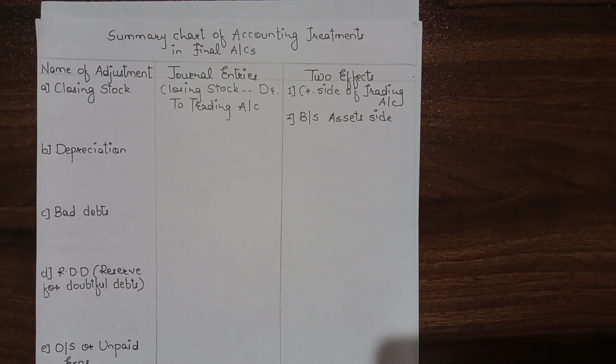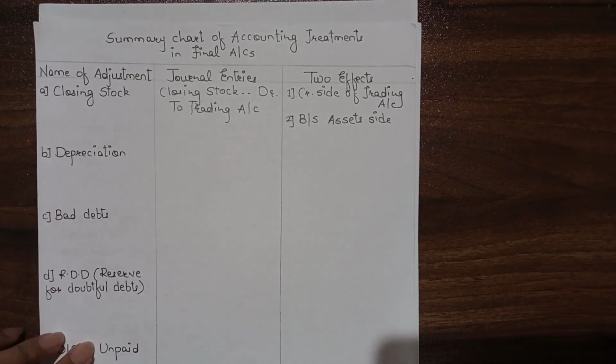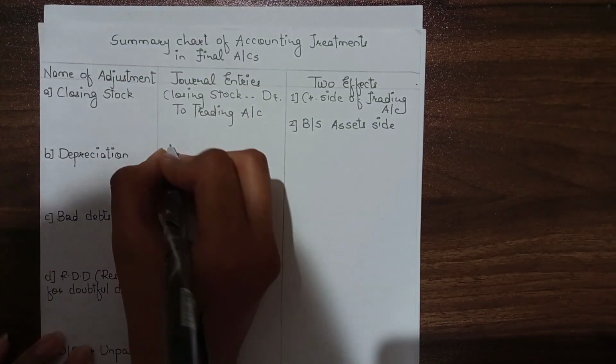So let's see the journal entry for that. Now depreciation is also going to get debit effect, and depreciation is always applied on your assets. May it be your land, machinery, plant, anything related to your assets, depreciation is applicable. So I'll write here depreciation account debit.